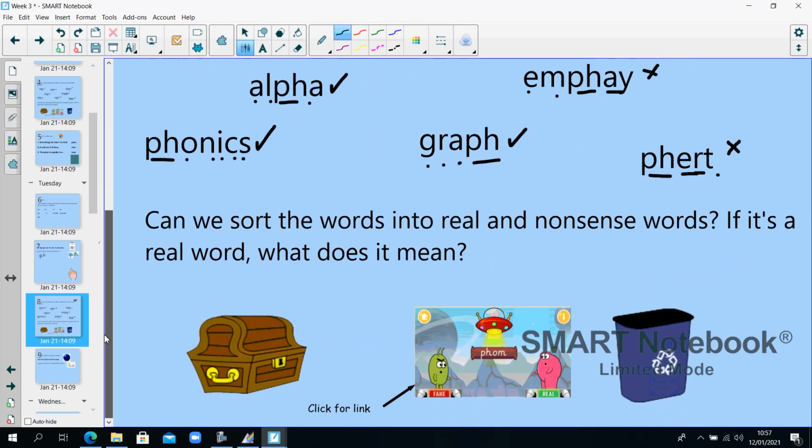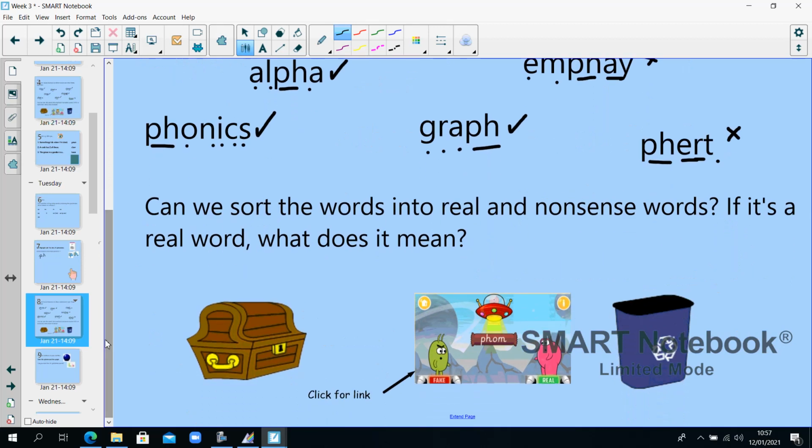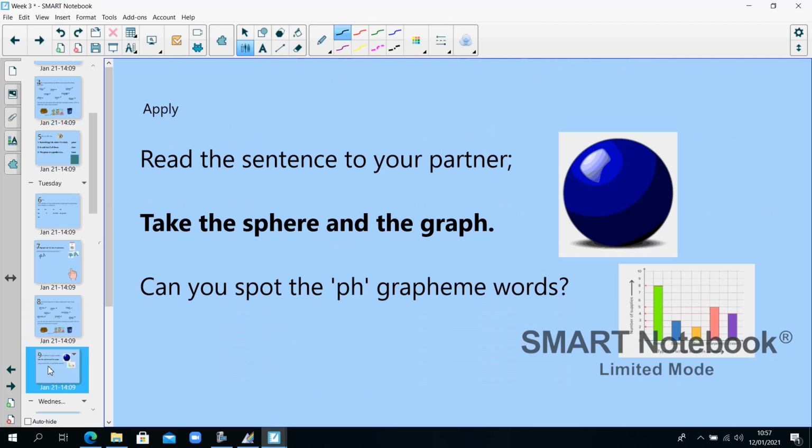Again, you can go on to Buried Treasure or Oddbods to look up more words containing our PH for f phoneme and sorting them into real and nonsense words. I want you to read the following sentence. Take the sphere and the graph.